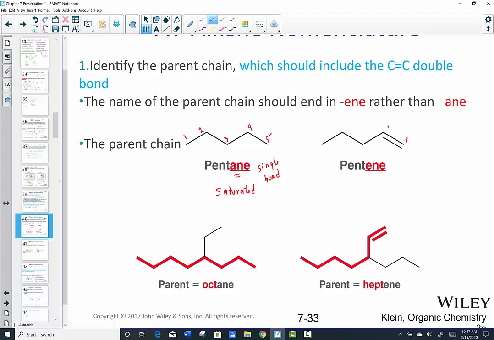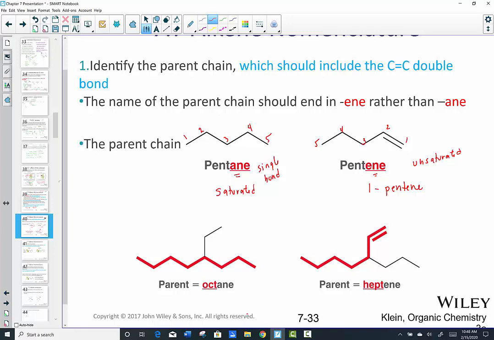Now all of a sudden I'm noticing that between carbon 1 and carbon 2 is a double bond. So now all of a sudden, since we're unsaturated, there's a presence of a double bond, the ending will change to ene. I'll let you know that between carbon 1 and carbon 2 is a double bond by placing a locant, a number telling you where, and changing the ending from ane to ene.